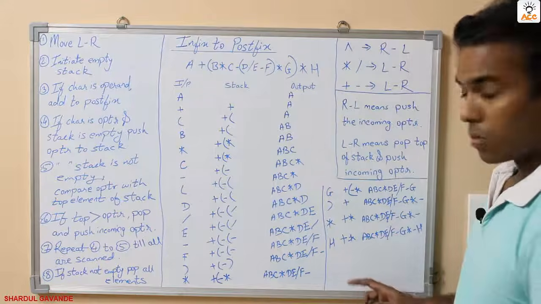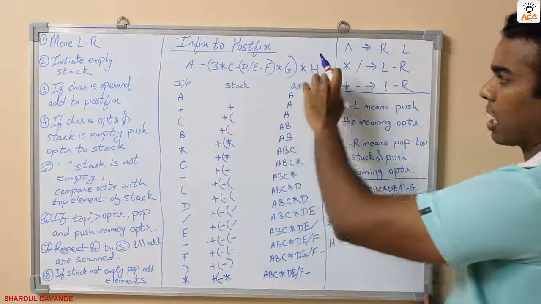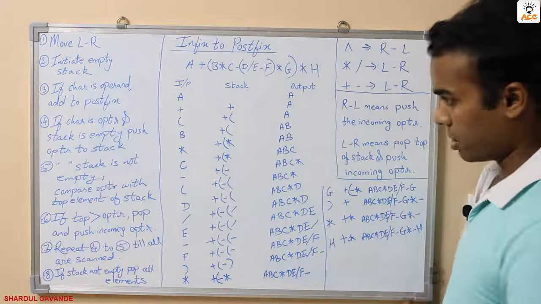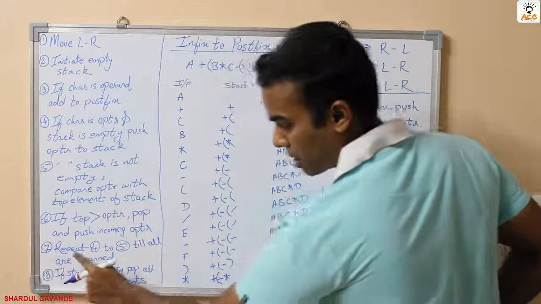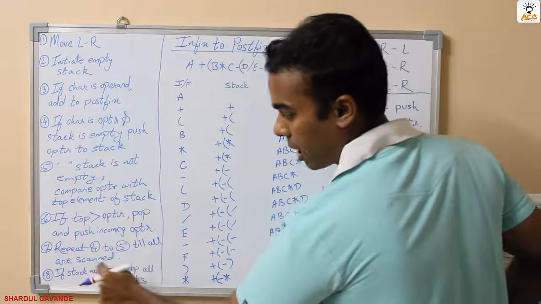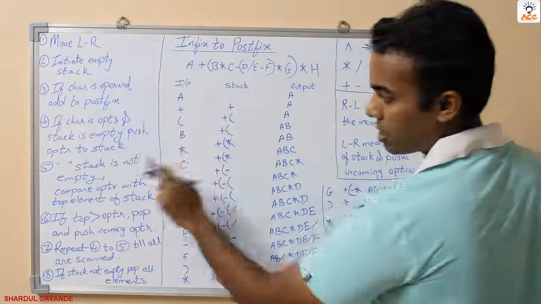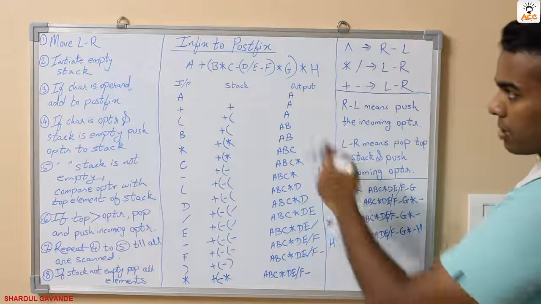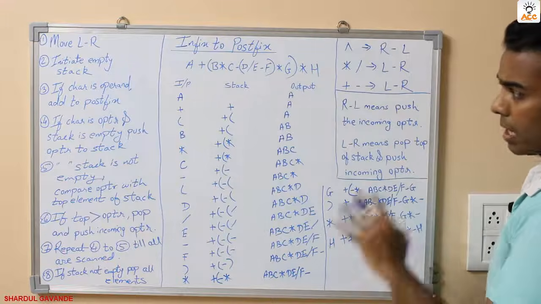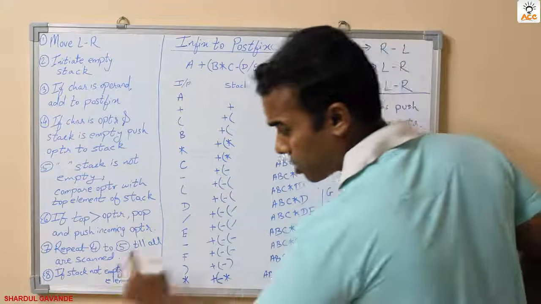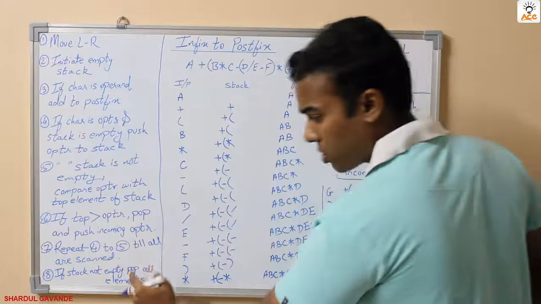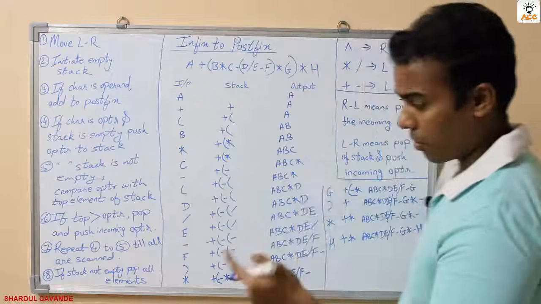Now we have completed the last character of our expression, and we have followed this algorithm. Step 7 says repeat steps 4 to 5 till all characters are scanned, which we have done for the entire expression. Step 8 says that if the stack is not empty, pop all the elements from the stack.